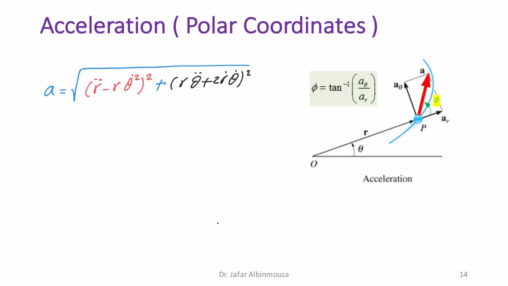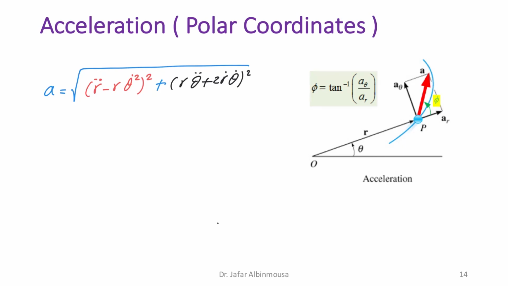Now, what you should know is that this acceleration is not necessarily tangent to the path. You will get the components of acceleration, one here and the other here, and this is the total acceleration. We already described this many times.